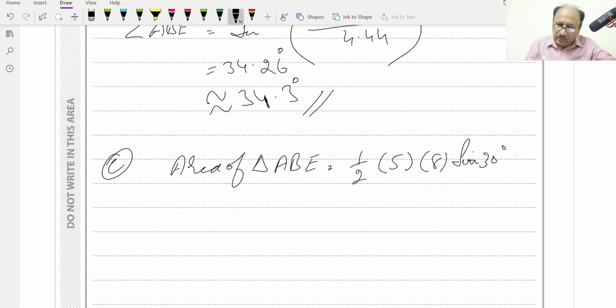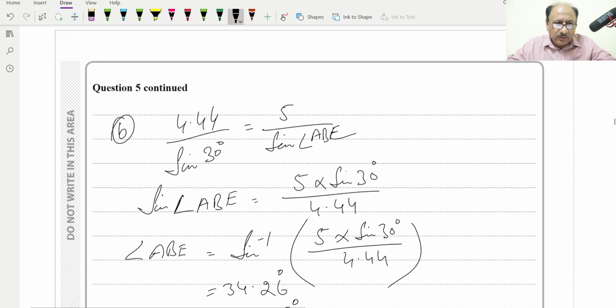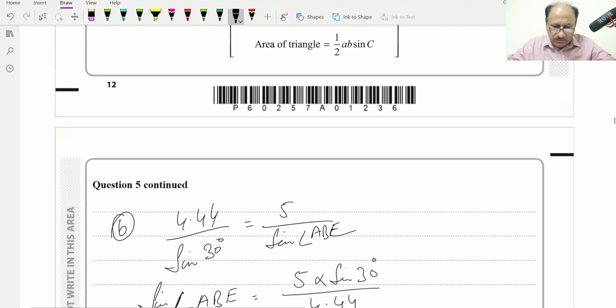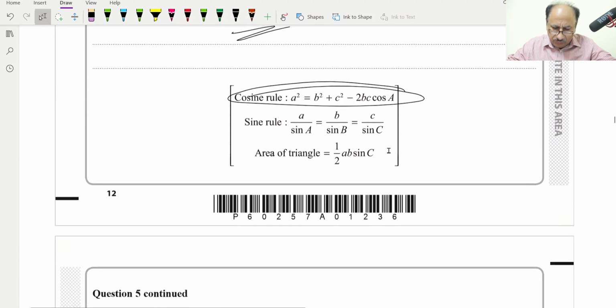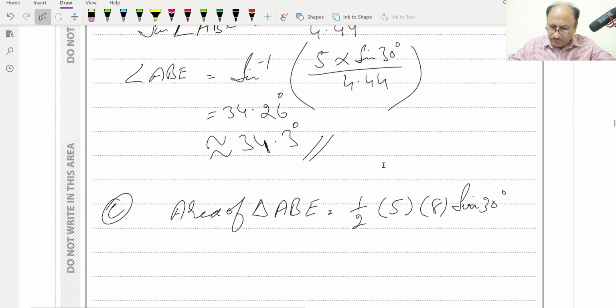The area of ACD we can also calculate, but first we'll calculate this triangle's area.